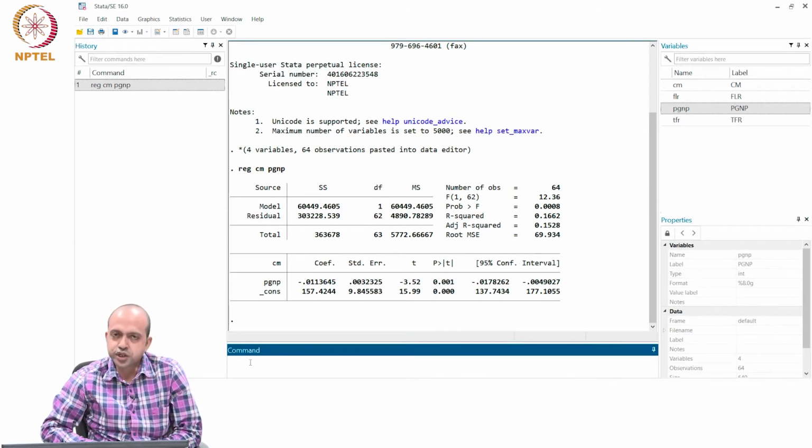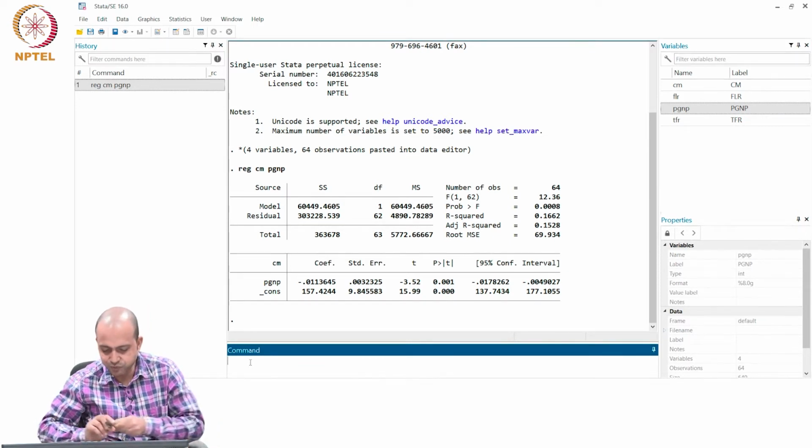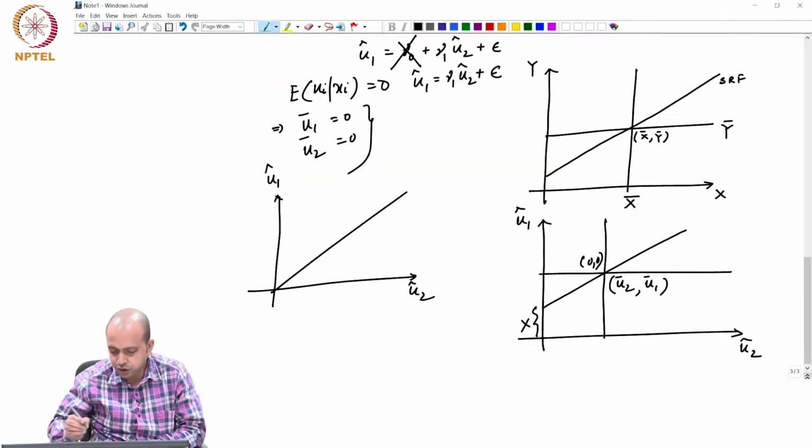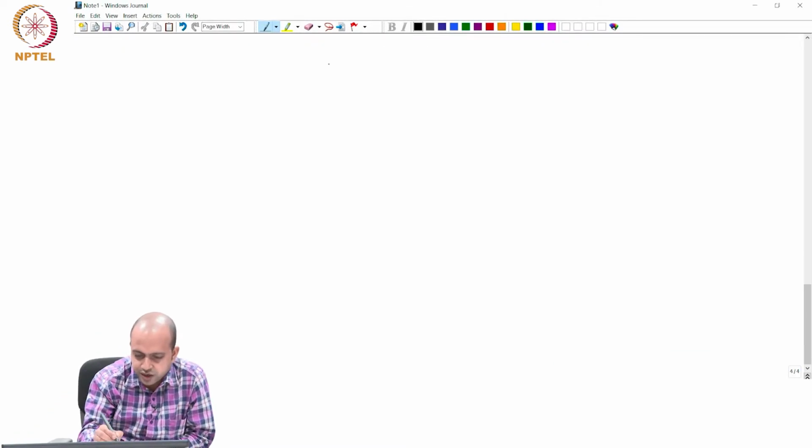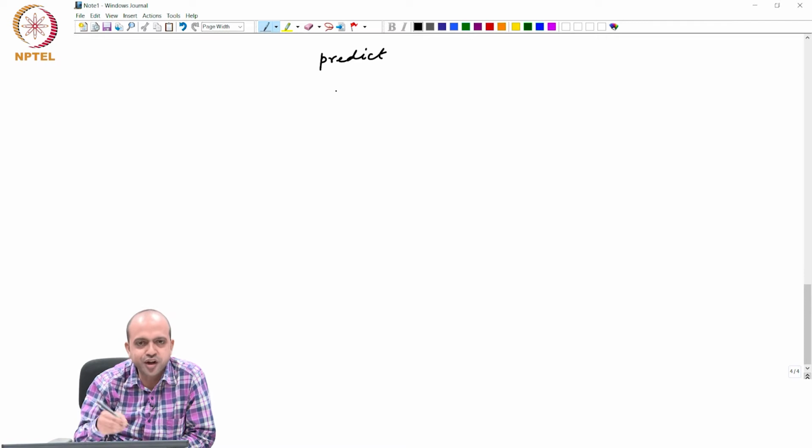To collect it, we need to give a specific command, and the command is very simple. I am writing the command also. The command is predict, and then you have to give some name. Predict command is always used for predicting something.